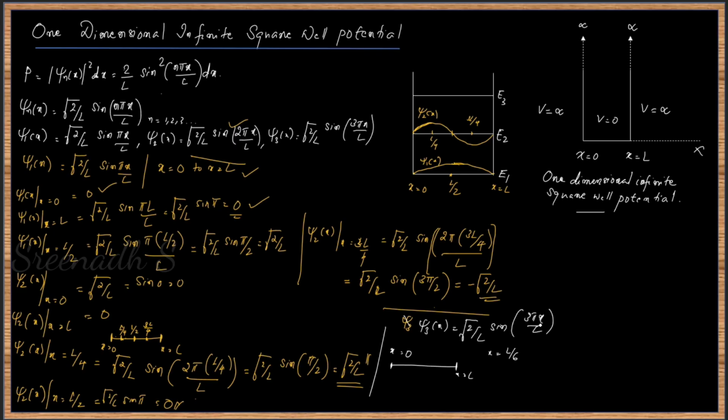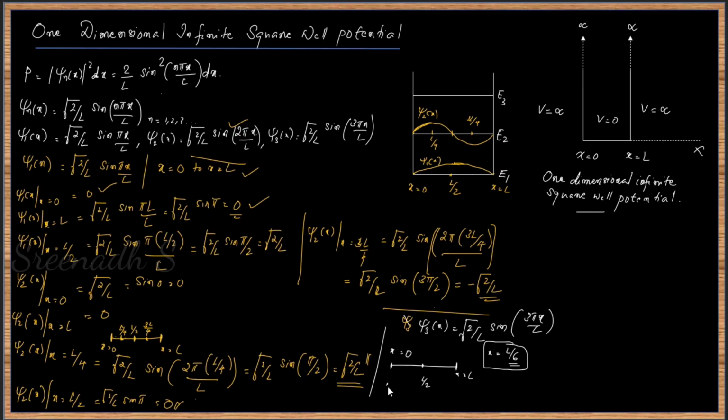That means we can divide this entire length L into equal sections of L by 6. So the middle section is L by 2, since 3L by 6 is equal to L by 2.